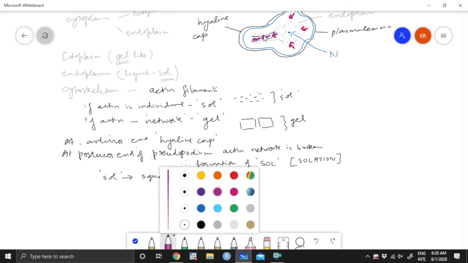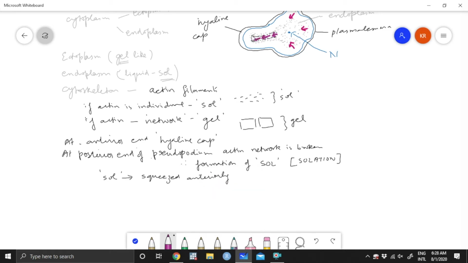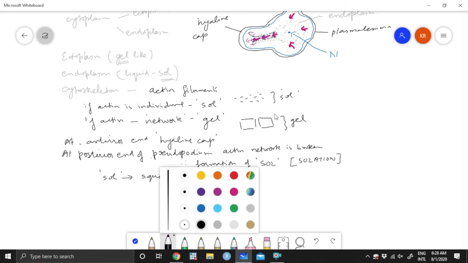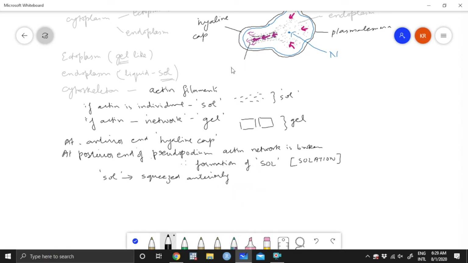And as it comes over here in the front, it moves along all the directions, and therefore this part is called as fountain zone.